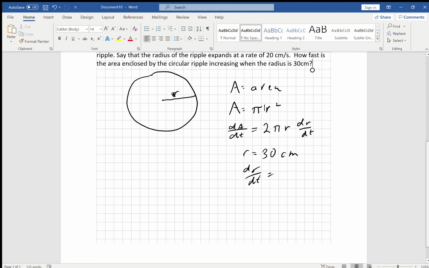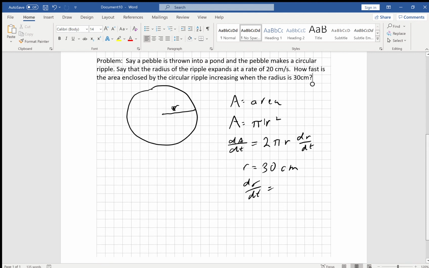If we look back in the problem, how fast is the radius changing? Well, that's equal to 20 centimeters per second. The radius is 30 centimeters, and what we want to know is dA/dt. So we go back to this equation right here. Now we know r and dr/dt, so just go ahead and plug those all in.